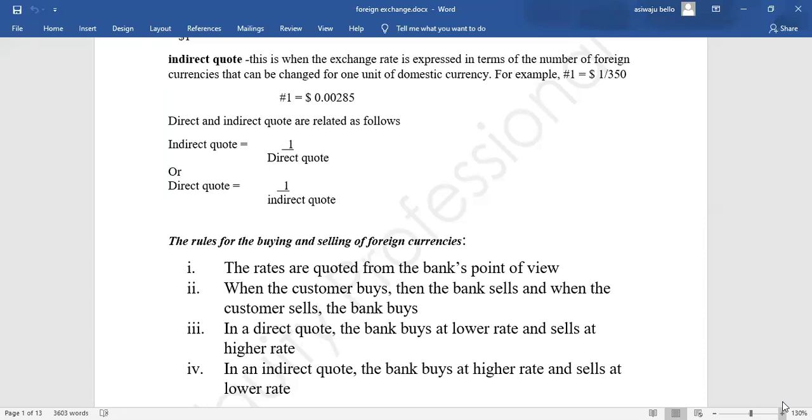Please, these rules, we might need to memorize this rule.